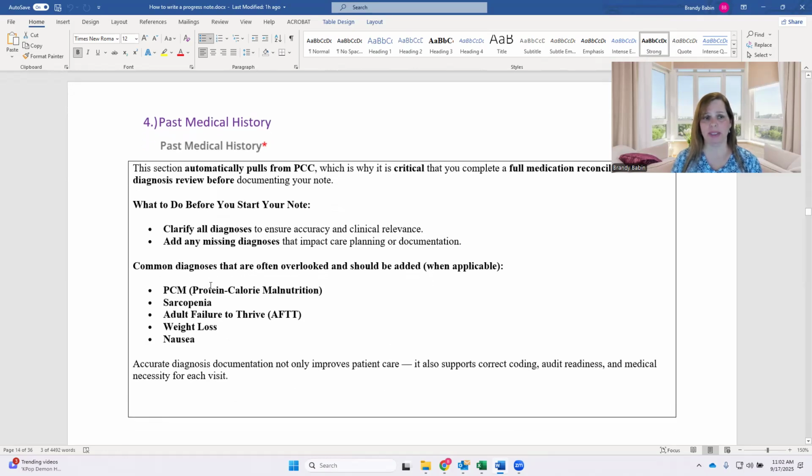Some things that are commonly forgotten are the protein calorie malnutrition, the sarcopenia, the weight loss, adult failure to thrive. So if you don't have the ability to add a diagnosis, and I know some people don't, you can jump into the MedPass section, and there you can add your diagnoses.